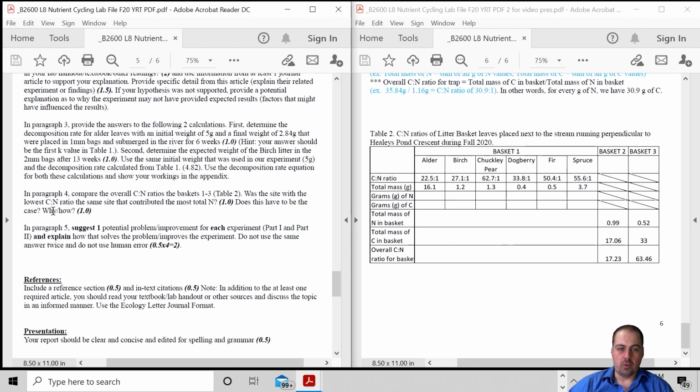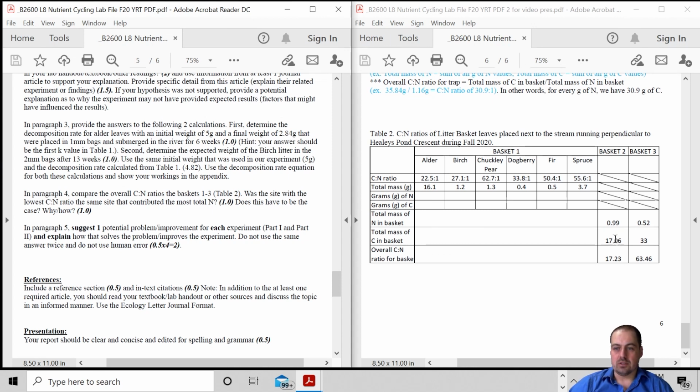So a couple of simple questions. Does the basket with the highest overall carbon nitrogen ratio, is that the same basket that gave the most total nitrogen? Does that have to be the case? You can kind of think about this. It doesn't have to be the case.